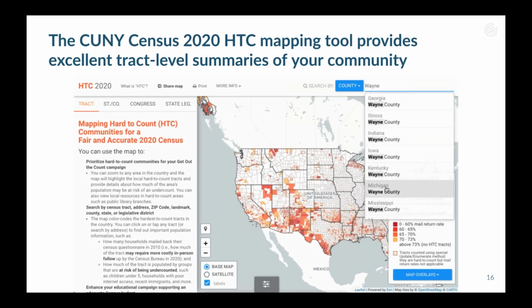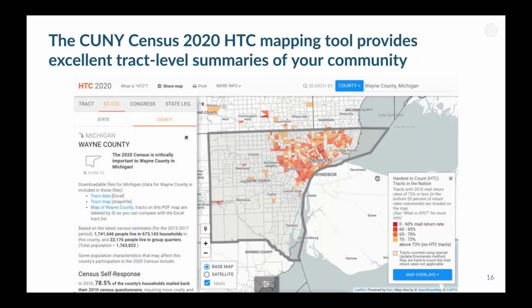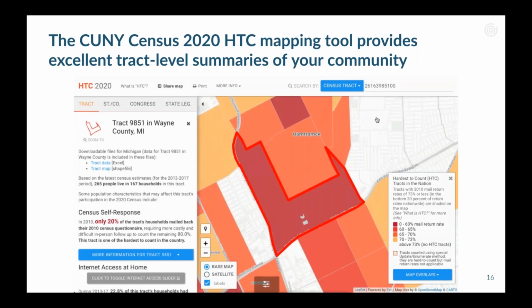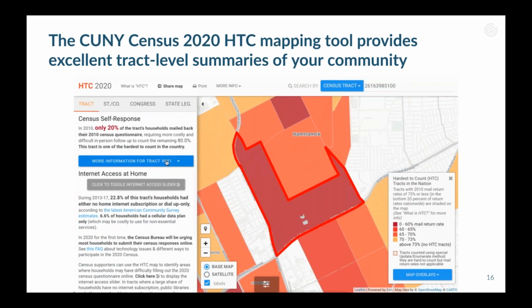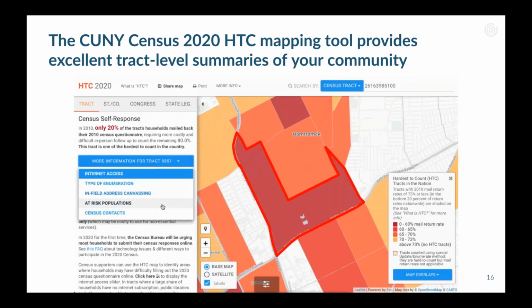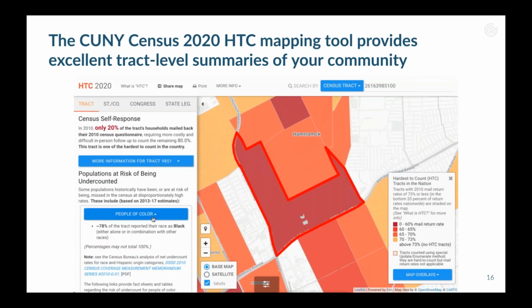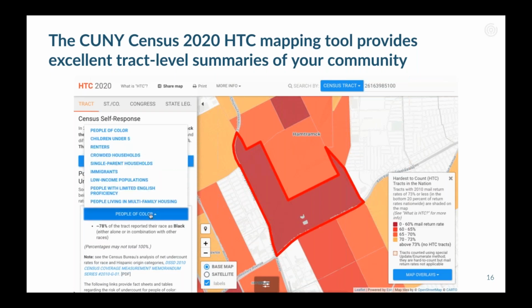One tool which we showed briefly in the last webinar, which I want to highlight here again, comes from the City University of New York. The CUNY Census 2020 HTC, that's hard to count, mapping tool is free, it's open source, and it provides very detailed tract-level information about the possible response rates and other demographic characteristics of every tract and county in the nation.